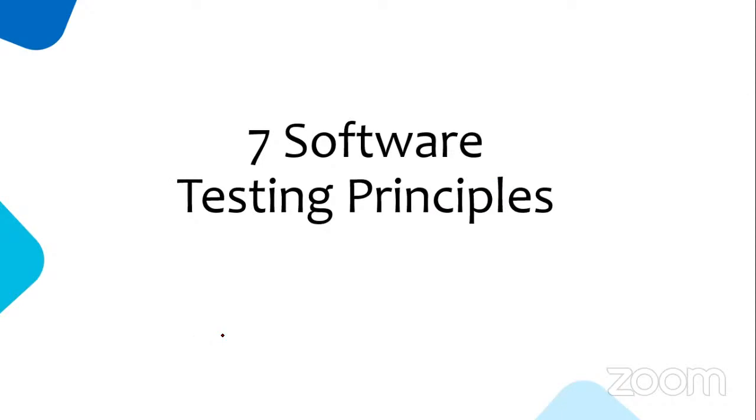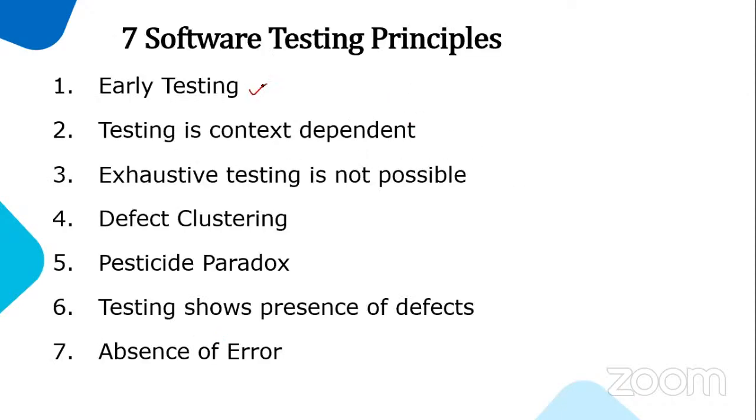And we saw the 7 testing principles: how early we start testing is going to save a big amount, and depending upon the domain we have to apply the testing concepts, so testing is context dependent. We cannot test all the scenarios, so exhaustive testing is not possible, so we should apply testing techniques. Defect clustering: we have to identify the critical modules where more defects are raised, and start testing that module first.